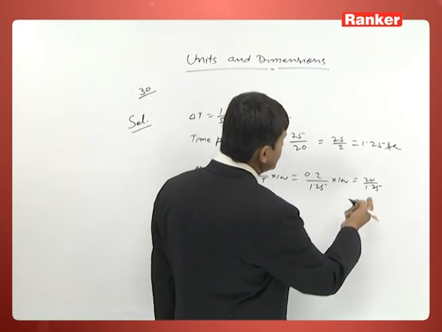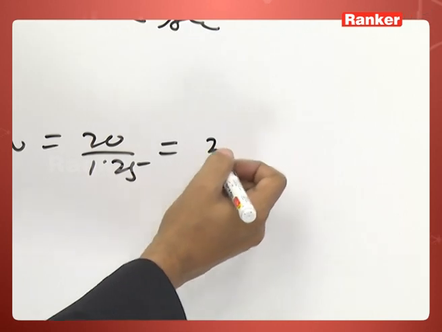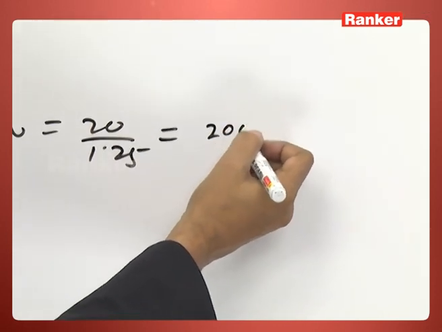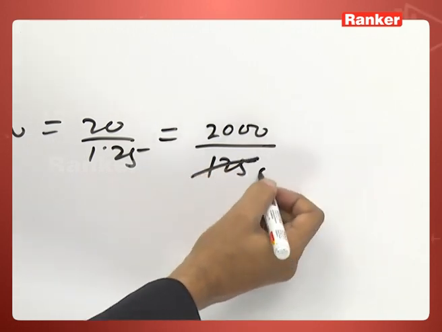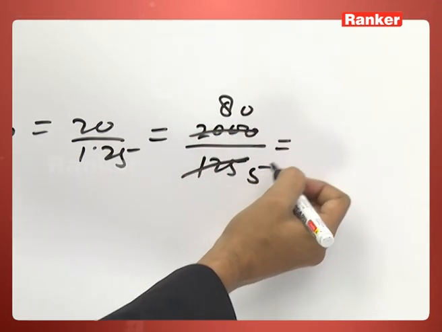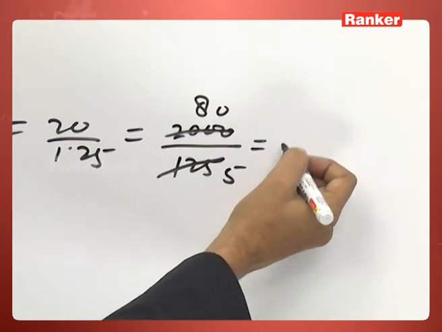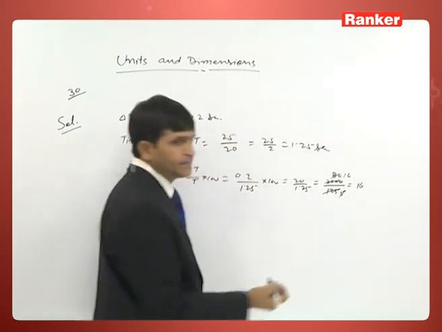From that we can simplify: 2000 by 125, which is 16.